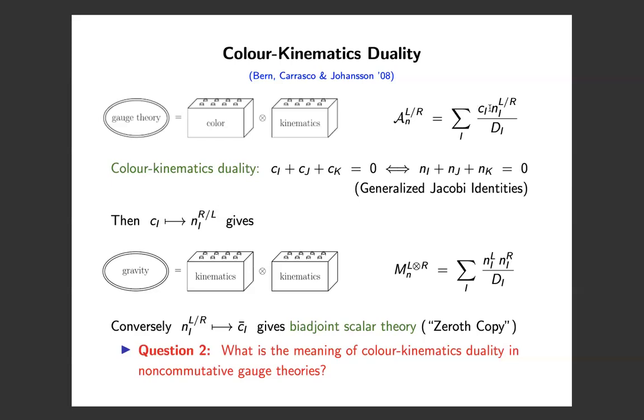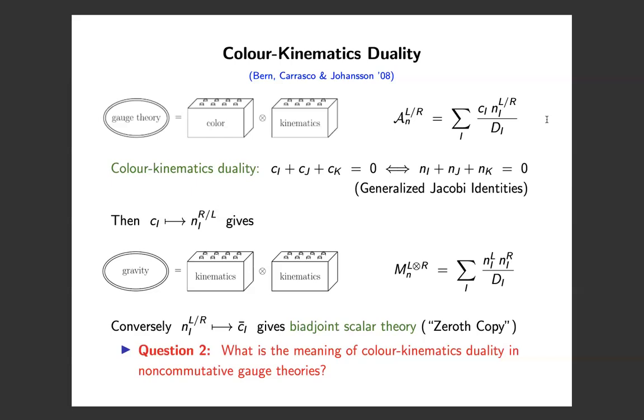And so this is the assumption. Now this is not unique. This is a kind of choice of basis to rewrite the amplitudes. It's not unique, but we assume we can do that in such a way that there's what's called the color kinematics duality.